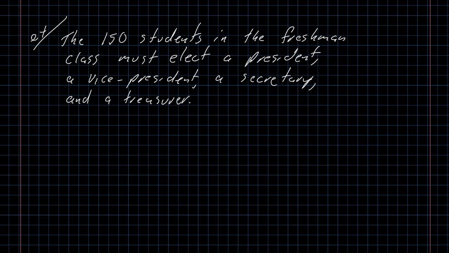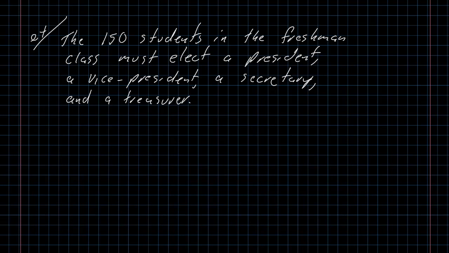The 150 students in the freshman class must elect a president, a vice president, a secretary, and a treasurer. In order to elect these offices, we need to select from the 150 students 4 of them to be of interest. And each person we elect gets a different title.